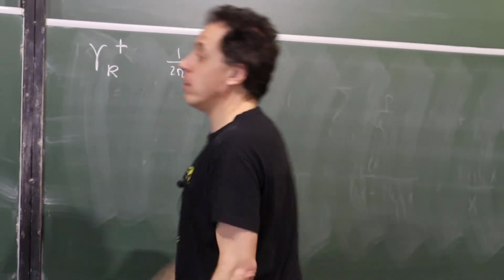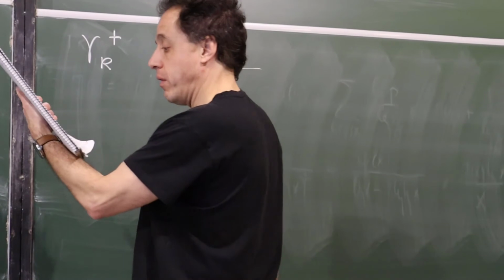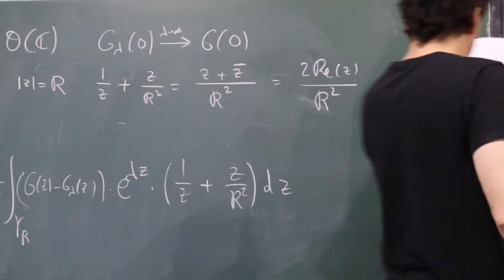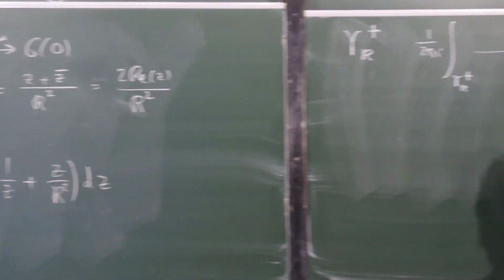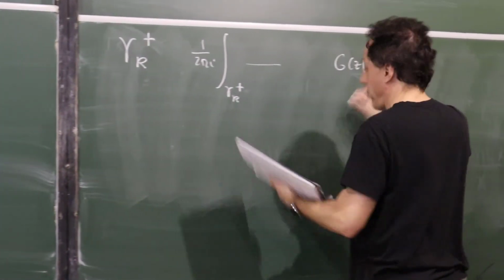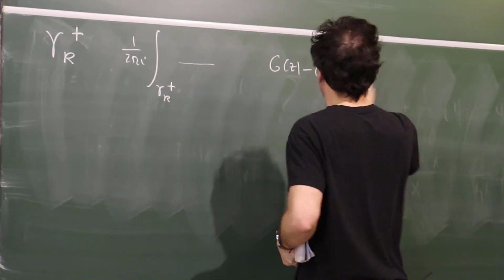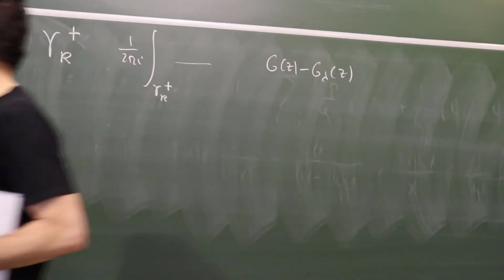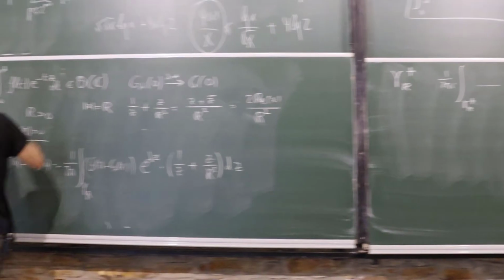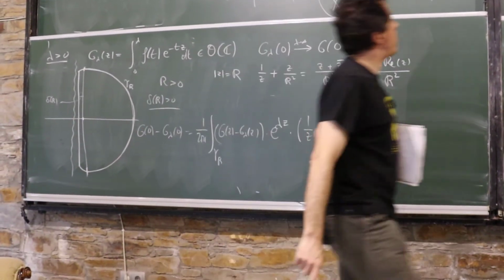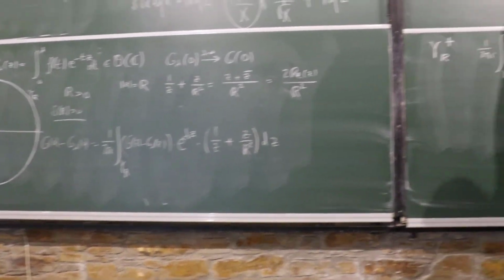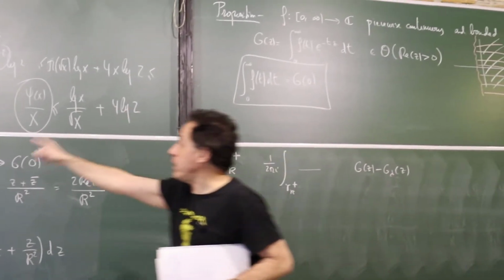Okay, first of all, we are going to bound the integrand. So g of z minus g lambda of z. If you are on the right half plane, g of z is defined by that integral there. G lambda of z is defined by this integral there.